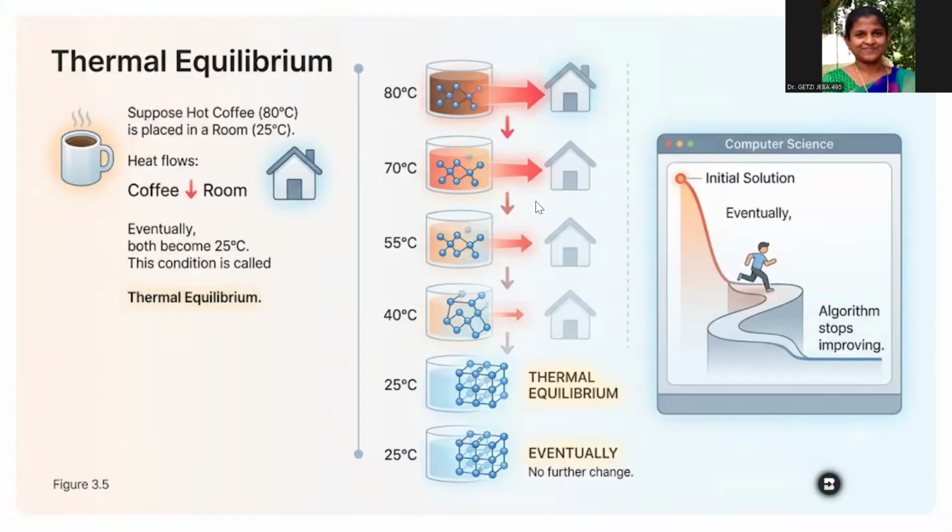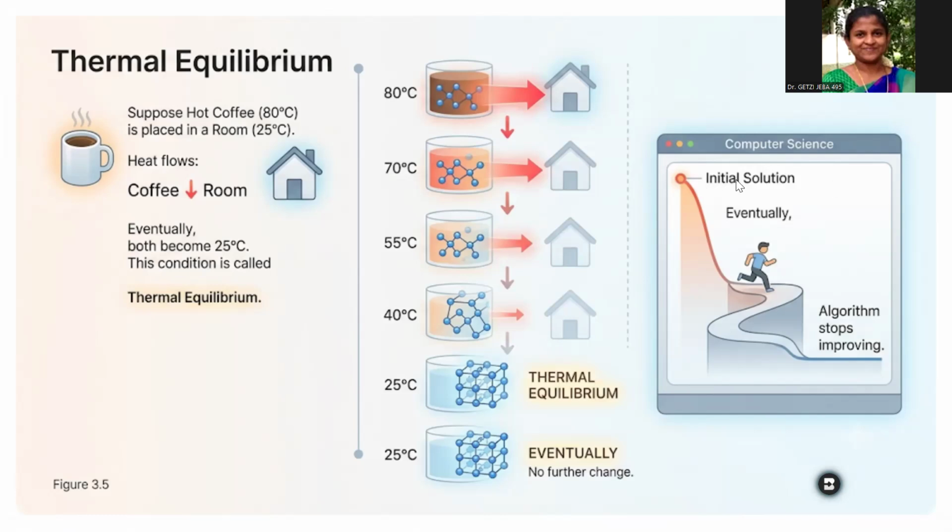Next, coming to thermal equilibrium. Suppose you place a hot coffee in a room, and after some time the coffee becomes chilled. What has actually happened? The hot coffee has dissipated its heat to the room. How can you compare that with a search algorithm?